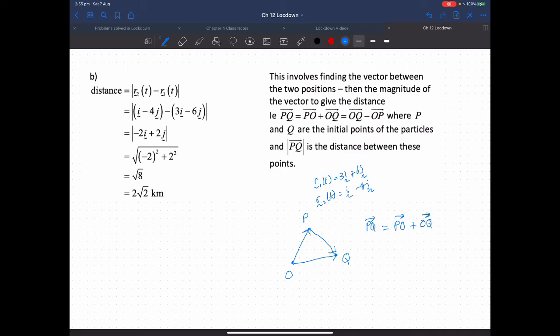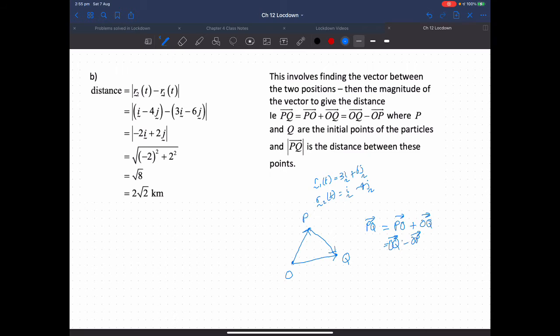Our problem here is our vector goes O to P, not P to O, so we can rearrange that to being OQ minus OP.